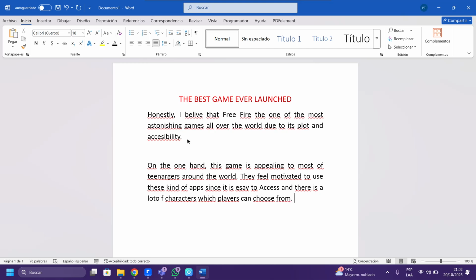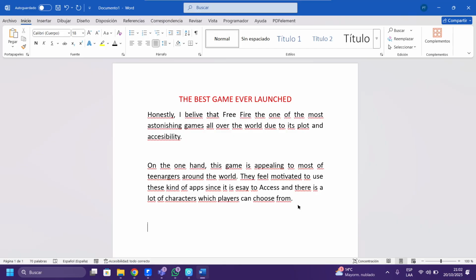It could be the first paragraph. As you can see here, you are describing without knowing what the game is about. They feel motivated to use this kind of app since it is easy to access and there are a lot of characters which players can choose from. And that's it.